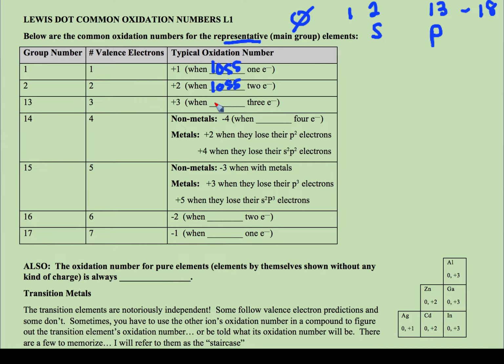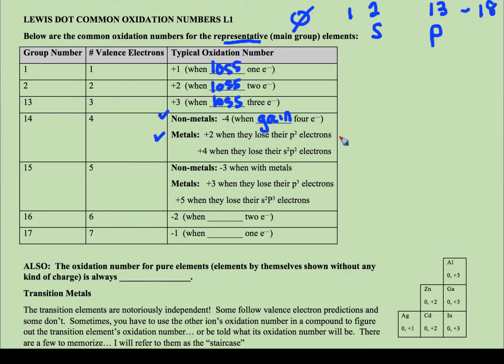Group 13, I actually like to memorize this a little bit differently, but the metals are going to be a loss of 3 electrons. Okay? Non-metals gain. So when you get to group 14, you have both non-metals and metals. The non-metals can gain 4 electrons.